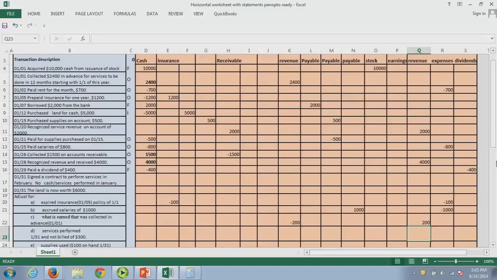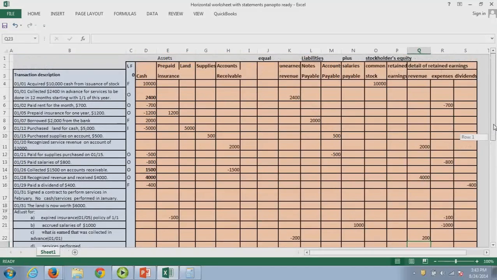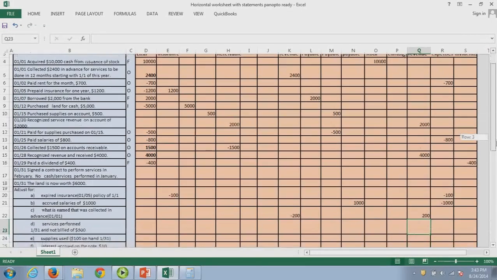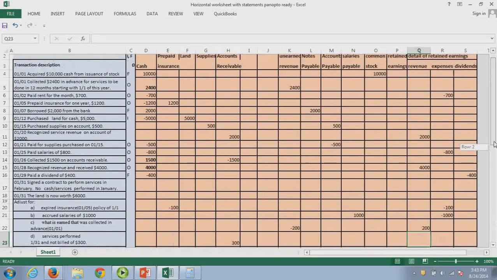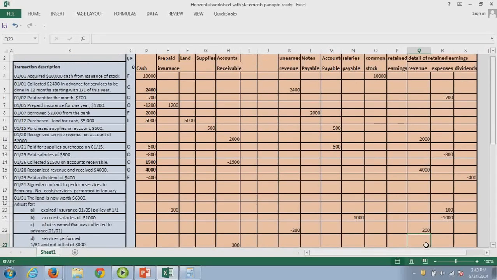So we have actually accounts receivable. So services performed and not billed can be picked up under accounts receivable for $300. And of course it should also affect revenue. So we'll make sure we put it in the right column. Okay, there's the revenue.